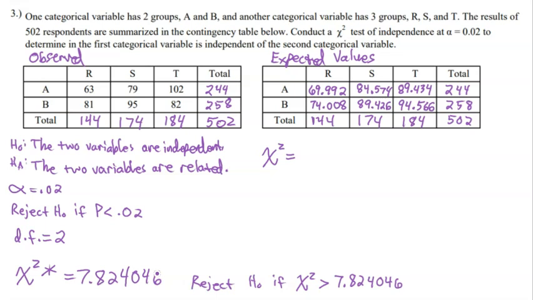So we're going to have to do 6 separate calculations and then get 6 numbers and then add them all up. And the way we get that calculation is we do the observed value minus the expected value. We square that number and then divide it by the expected value, okay? So I'm going to go ahead and write that all out now, but I'm probably going to speed it up a little bit.